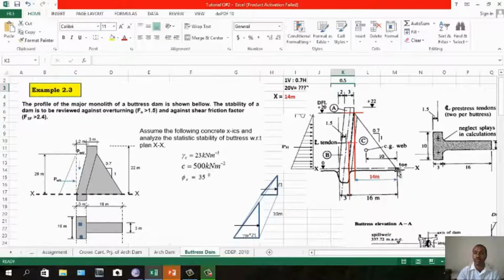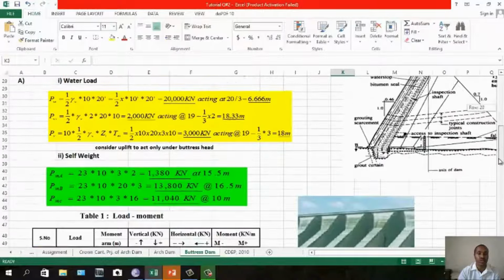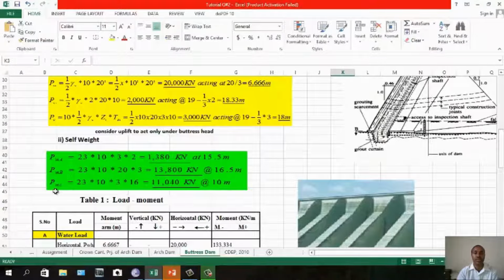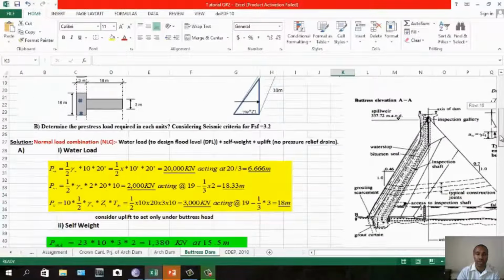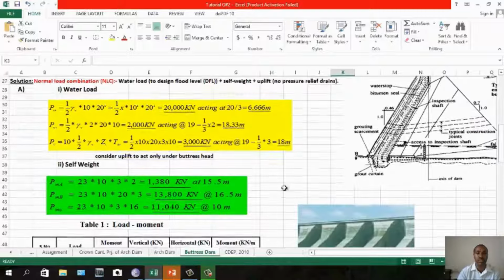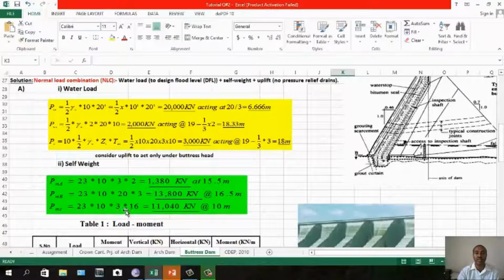Okay, so you have cross section C. Similarly, you can see cross section 3. This is a triangular portion. So you have the total area. You can multiply 23 times 10 times 3 times 16 times 16.